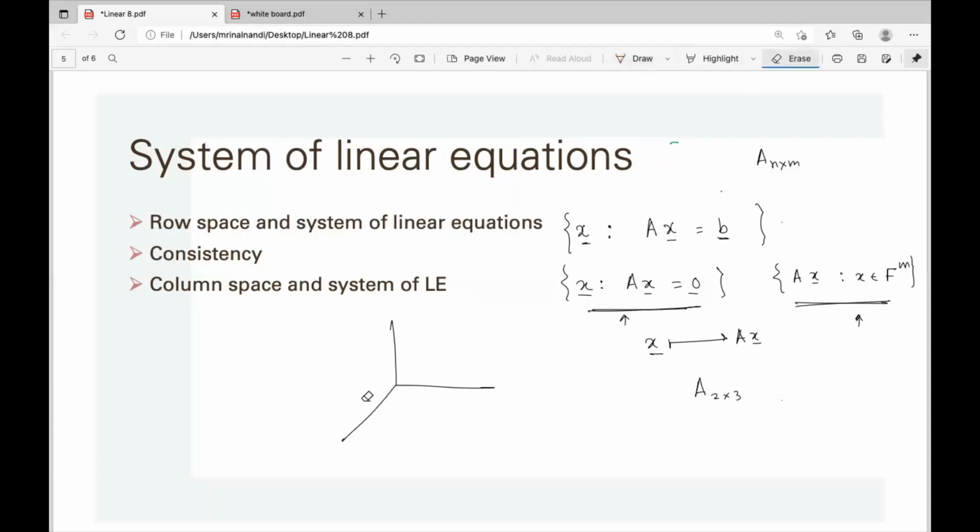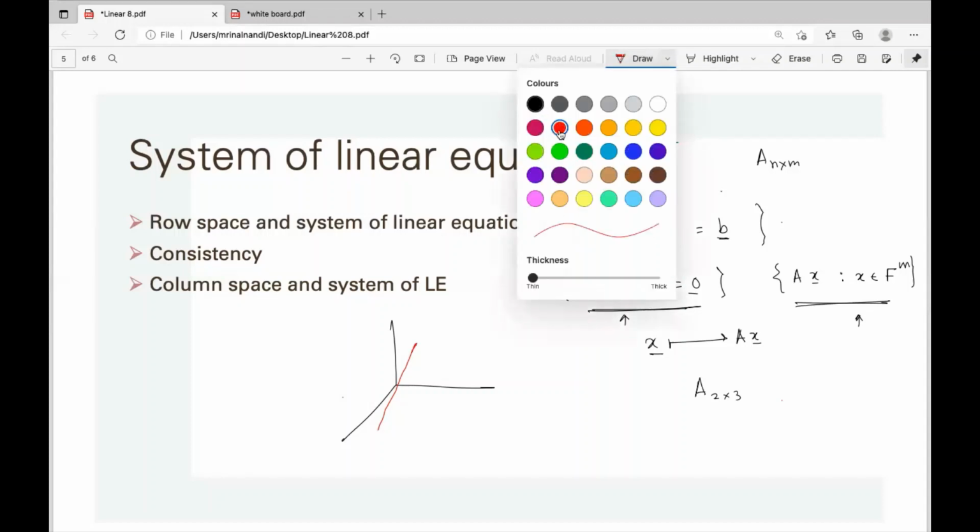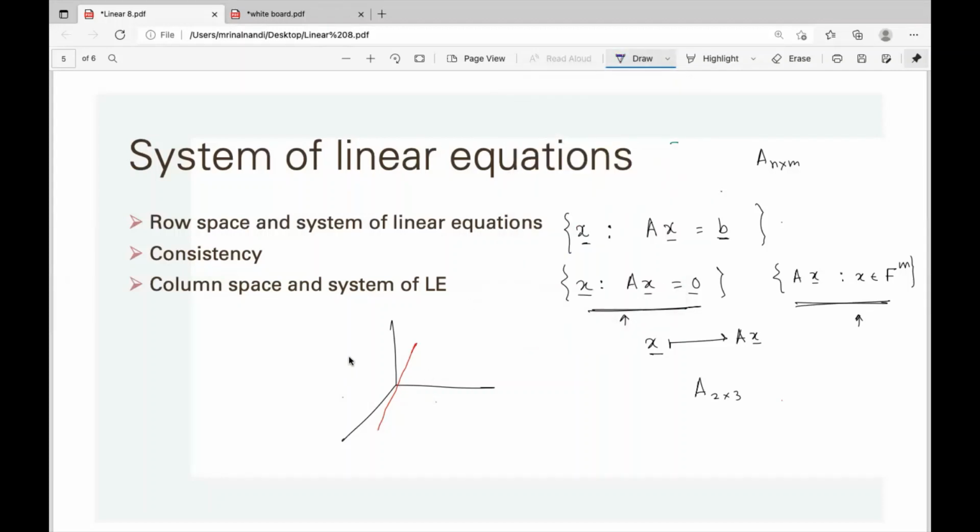We know the solution is a line. But where is the row space? You can just think and easily find that the row space is nothing but a plane which is perpendicular to this line and passing through the origin. The plane passes through the origin and is perpendicular to that line.